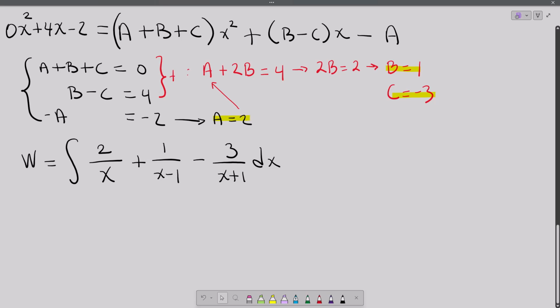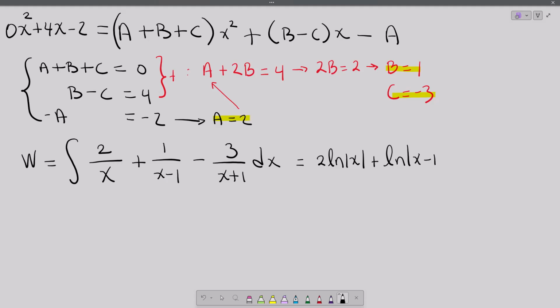And that's a dream integral. Those are all log forms. Derivative of x is 1, so this is 2 times 1. That one, derivative is that. This one, derivative is that with a minus sign. So this will be 2 ln absolute x plus natural log absolute x minus 1 minus 3 natural log absolute x plus 1 plus c.